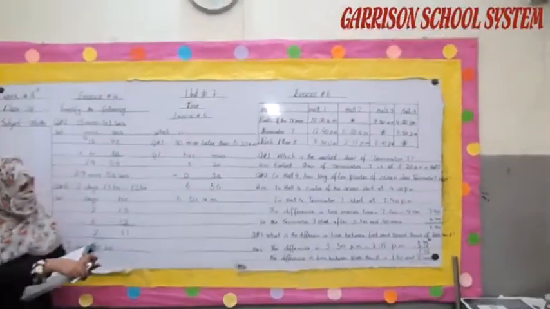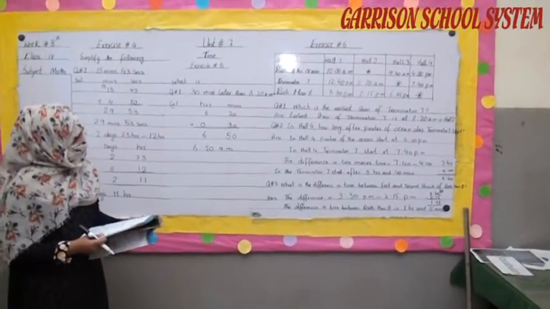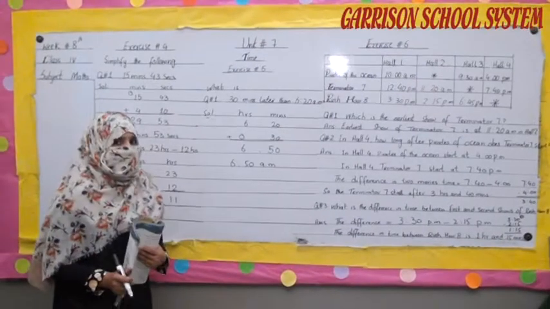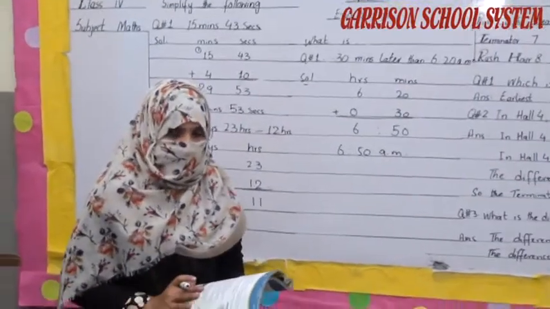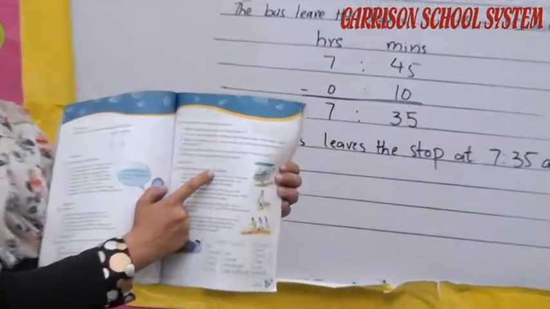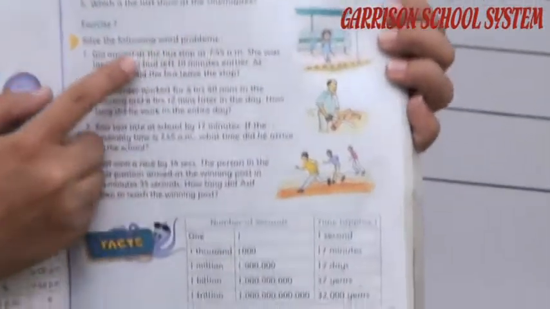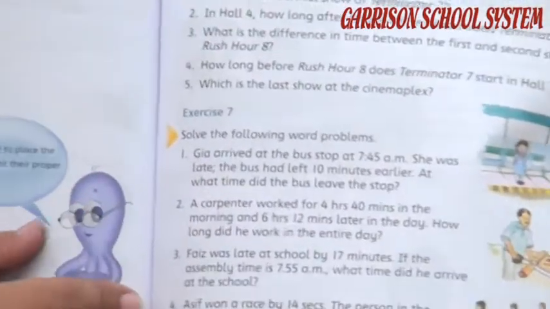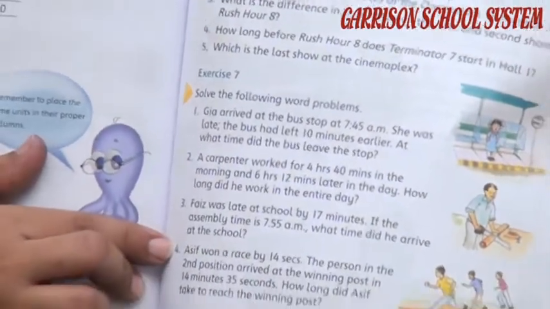Question number 5 is done and exercise 6 is almost done. This is exercise 7. Solve the following word problems, questions 1, 2, 3 and 4. Here are 4 word problems and I will solve the first problem.